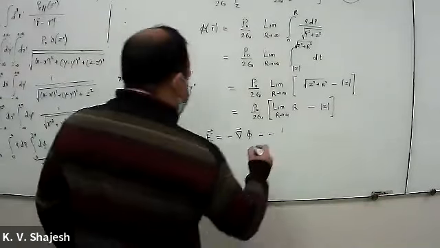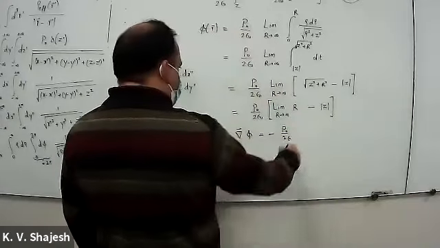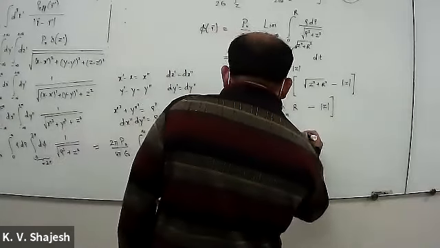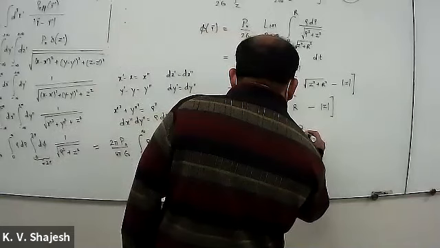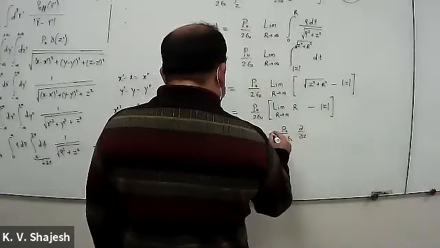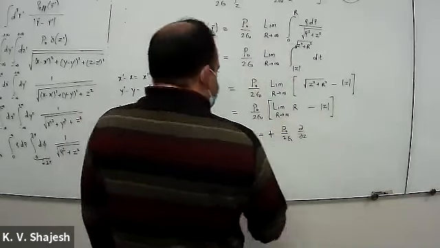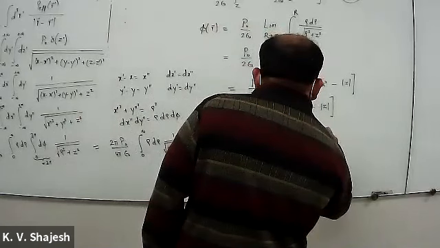That's rho naught over 2 epsilon naught. This depends only on z, so it is d by dz. And there's a negative here and a negative there, so this becomes a positive. And this is a constant. This doesn't depend on z.